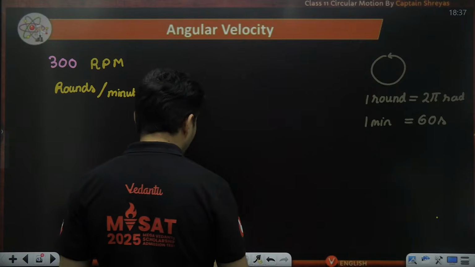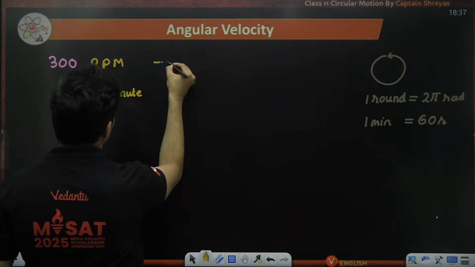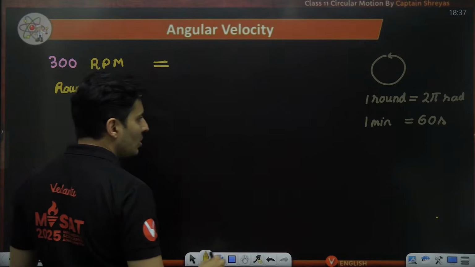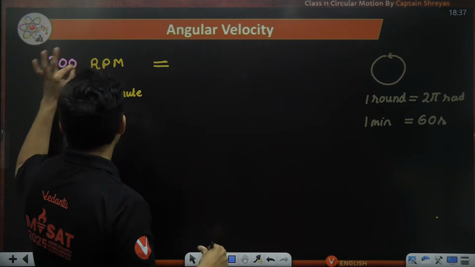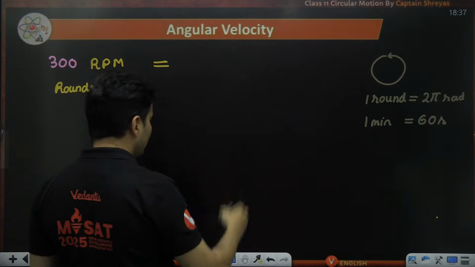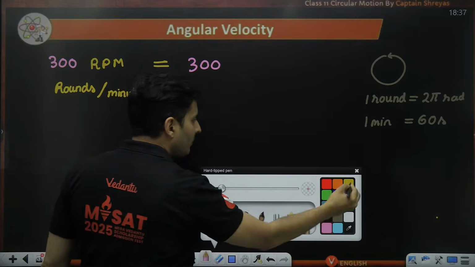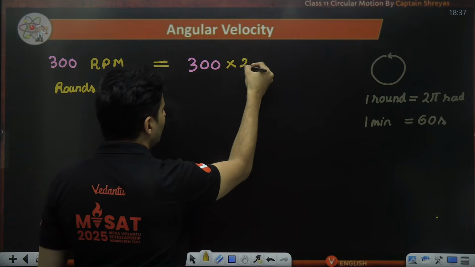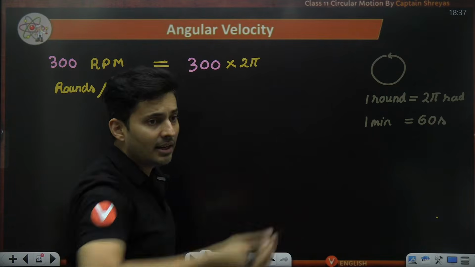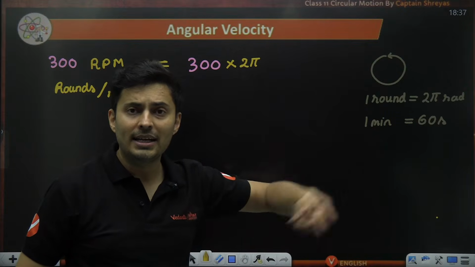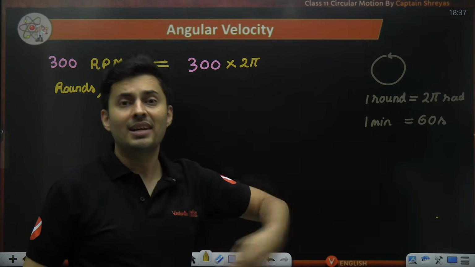Just use that fact over here. Whatever RPM you have, every round is 2 pi radians. So that particular number, 300, multiply it by 2 pi. If I'm doing 300 rounds, each round is 2 pi radian, so 2 pi, 2 pi, 2 pi, 300 times.